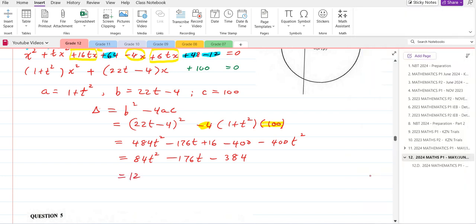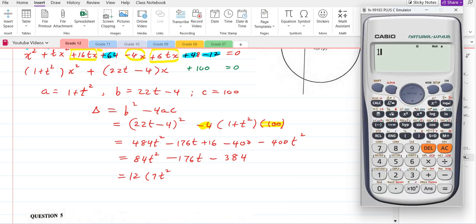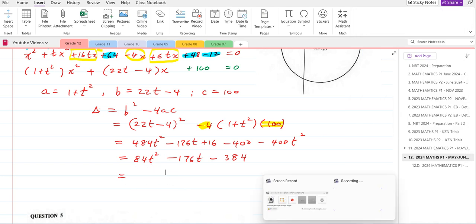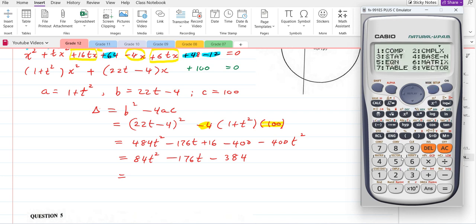So let's take out 12. So I'm left with 7t squared. 176 divided by 12, no, I think I'm just going to take out 4 as a common factor. I need to check if this here factorizes. Mode 5 3. Let's see what this here factorizes into.